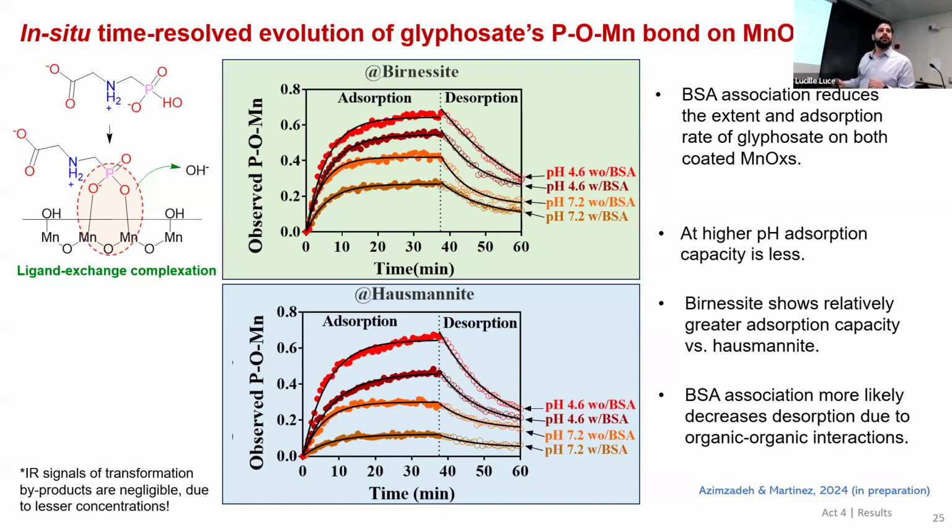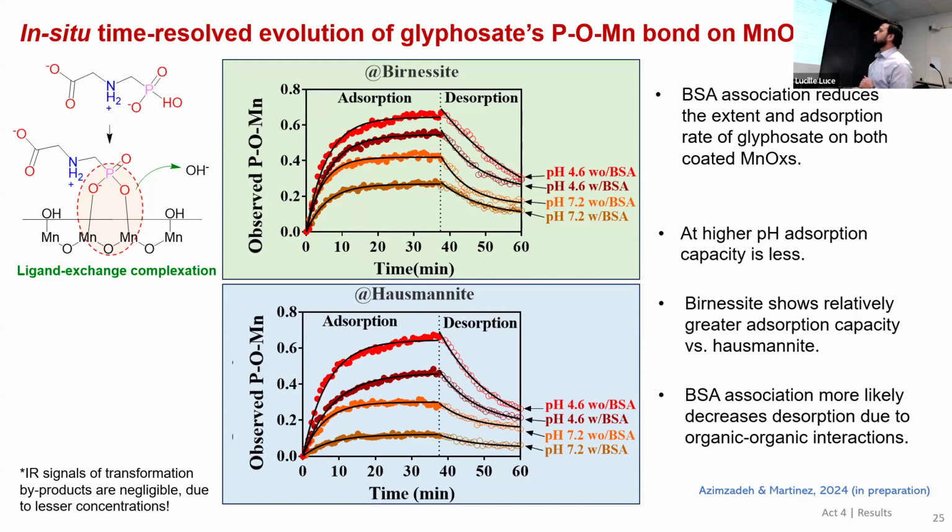What about BSA? BSA added into the system decreases adsorption. We have less adsorption now when we have BSA at the surface. It doesn't matter what the pH is, or even the surface. We see the same trend even for husbandite.